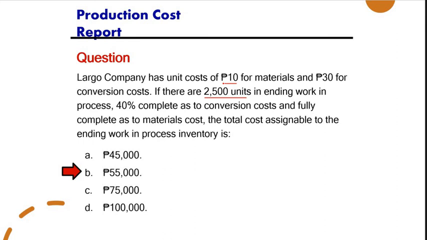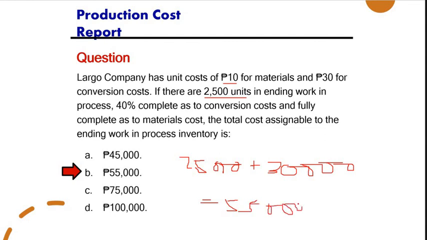Now, let's get the conversion cost. 25 times 0.40, kasi 40% lang yun na complete, times 30, that is 30,000. So, 25,000 yung material cost, plus 30,000 na conversion cost, that is 55,000. Okay? Okay ba?